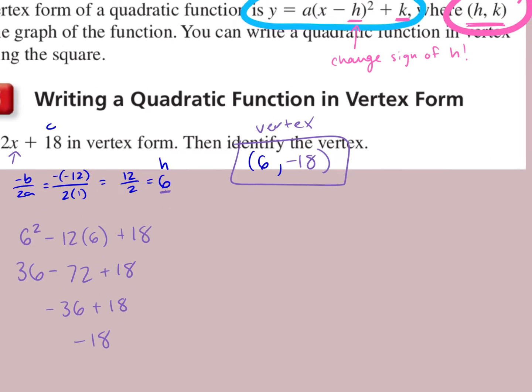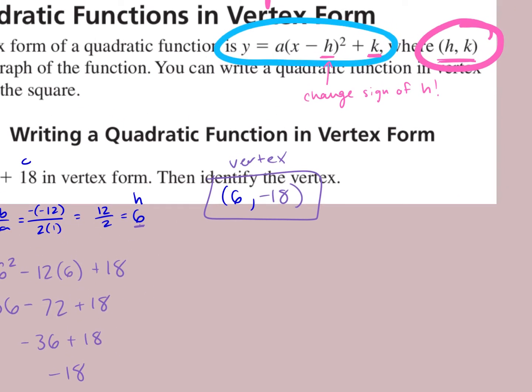And then the last step is we're going to put it into vertex form, which is my equation up here. So my vertex form would be y equals, what's my a? One, so it'd be 1 times, do I need to write the 1 if I'm multiplying it?